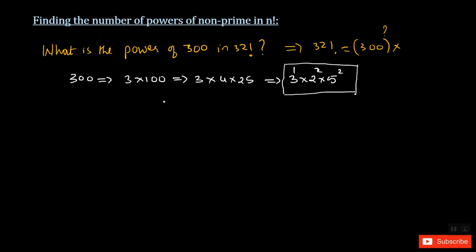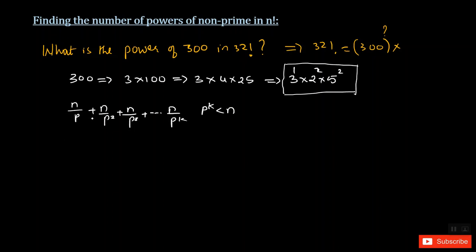To find the number of primes, I'll be using the same rule. The rule is n over p plus n over p square plus n over p cube, up to n over p to the power k, where p to the power k should be less than n. This is the rule to find the number of primes.